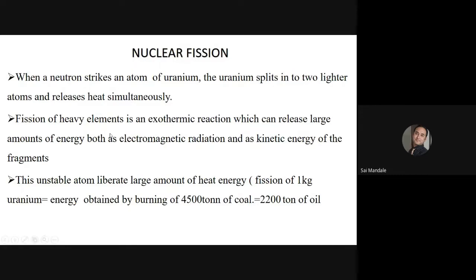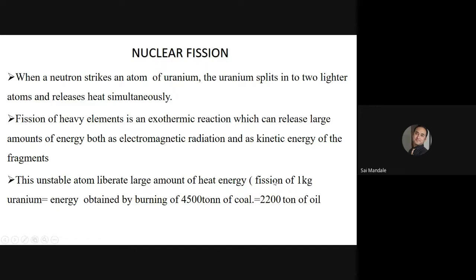The fission of a heavy element is an exothermic reaction which can release a large amount of energy, both as electromagnetic radiation and kinetic energy of the fragments. So when the reaction takes place, it releases a huge amount of energy. This unstable atom liberates a large amount of heat.